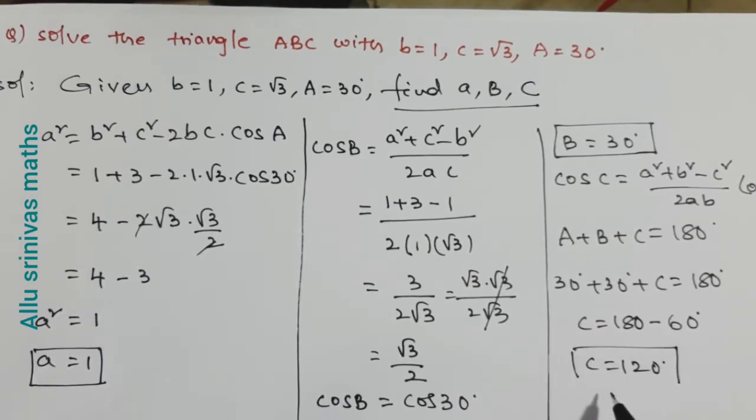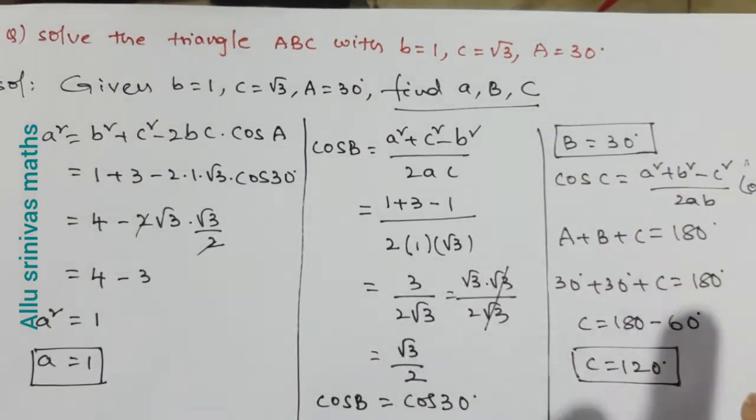This is the required angle. Here the solution: side a equal to 1, angle B equal to 30 degrees and angle C equal to 120 degrees.